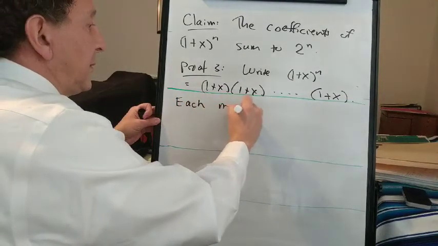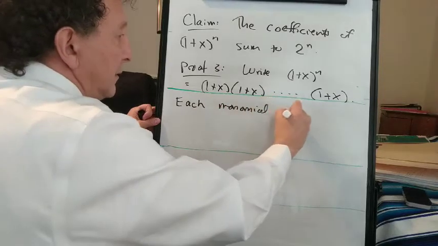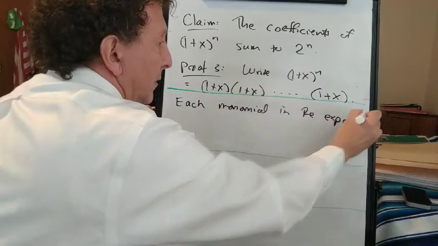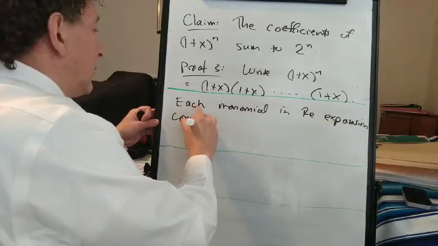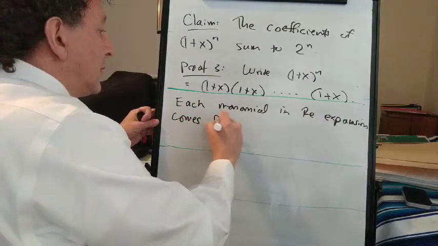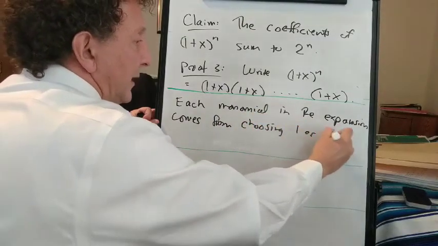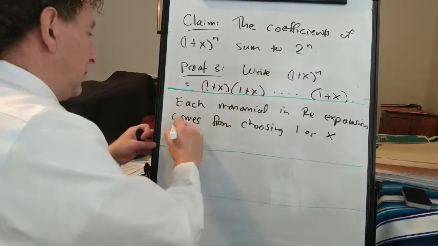Now each monomial in the expansion comes from choosing 1 or x from each factor.